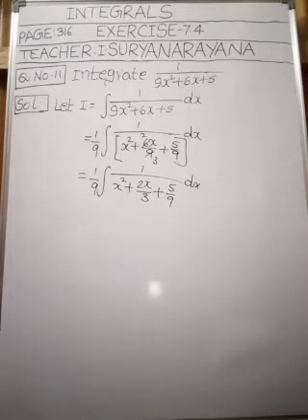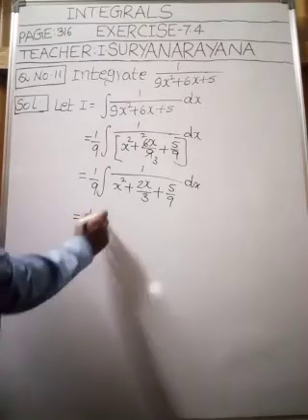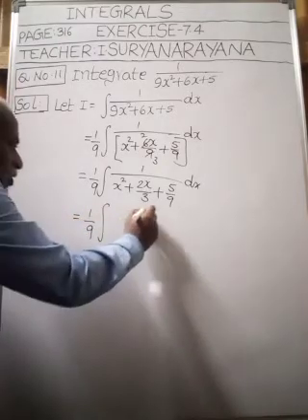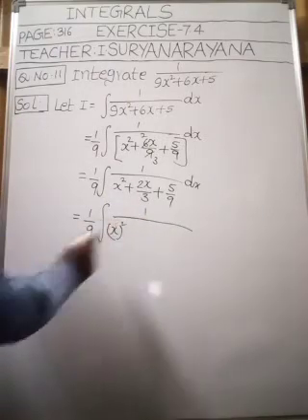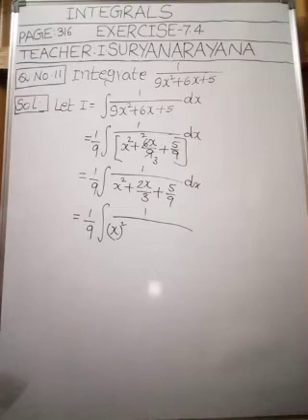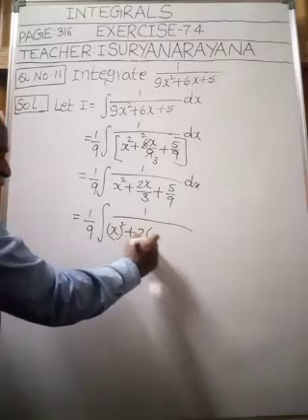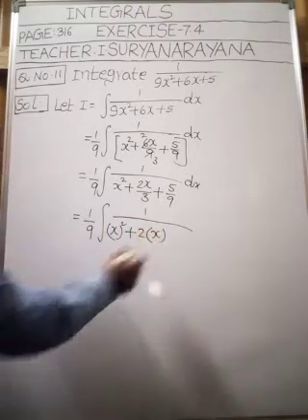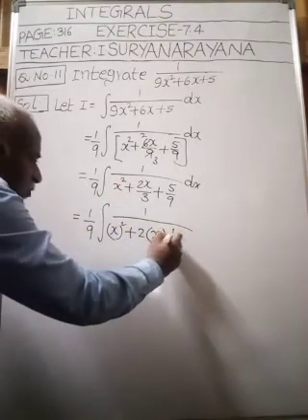Okay, my children, to write this quadratic polynomial as a perfect square, we follow these steps. Remember these steps, my children. Listen carefully. 1 by, let us consider this is a square, where a is equal to x. Okay, my children. Let us consider second term 2ab, 2 into a into, what is b here? 1 by 3.